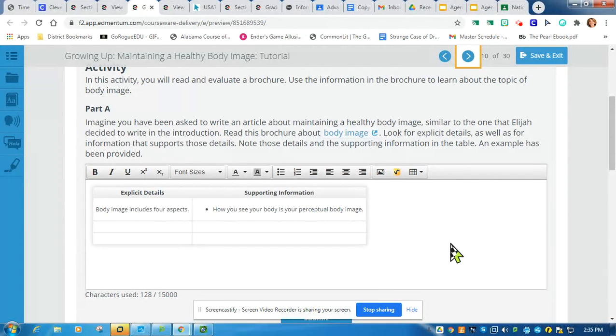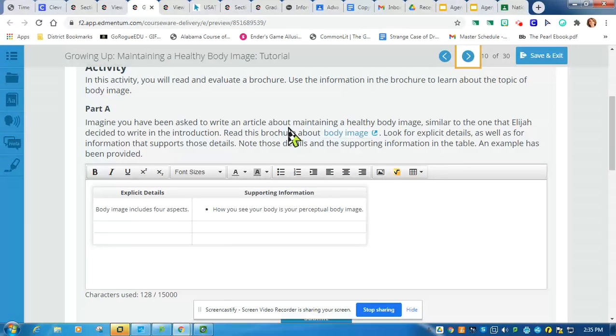Now remember, before we go any further, if you are imagining that you are asked to write an article about maintaining a healthy body image, you need to assume a persona of someone who is knowledgeable about that. Maybe you're going to imagine that you're a newspaper reporter, or maybe you are someone in the health field that's presenting information in a credible way.